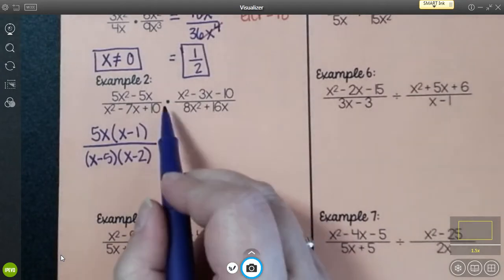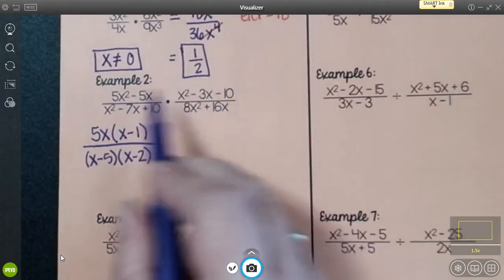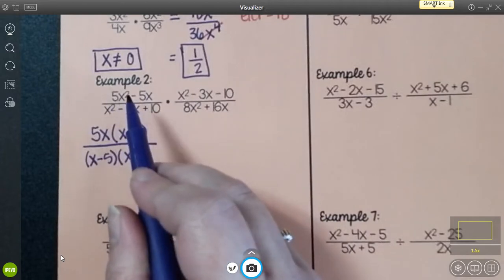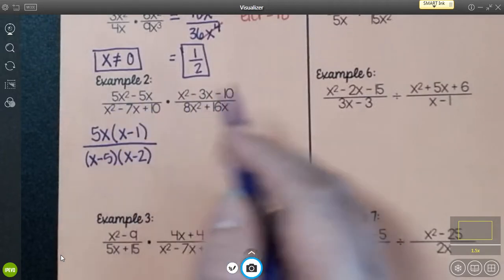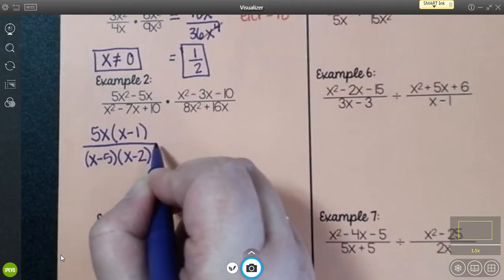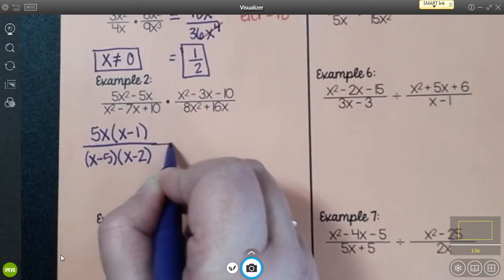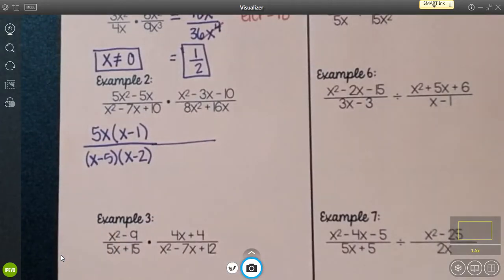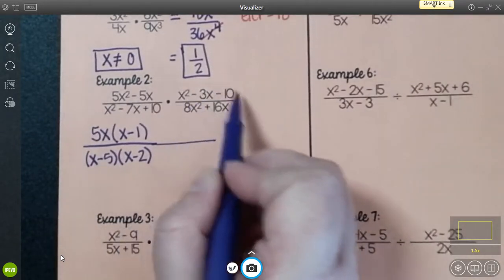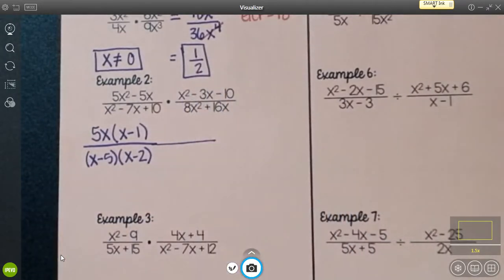All right, we're multiplying. So what are we going to do with the values on top? They go straight across, right? So what we're going to do here is we're going to take our fraction bar and we're just going to extend it. And now we're going to factor x squared minus 3x minus 10.